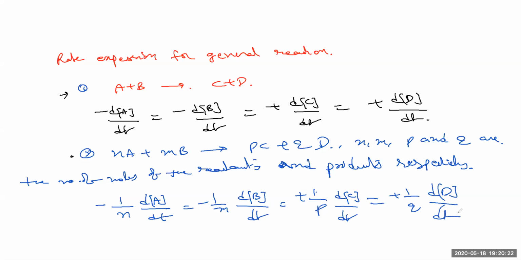Why is the reactant side negative and the product side positive? Reactant side negative indicates disappearance, product side positive indicates appearance. Note it down.